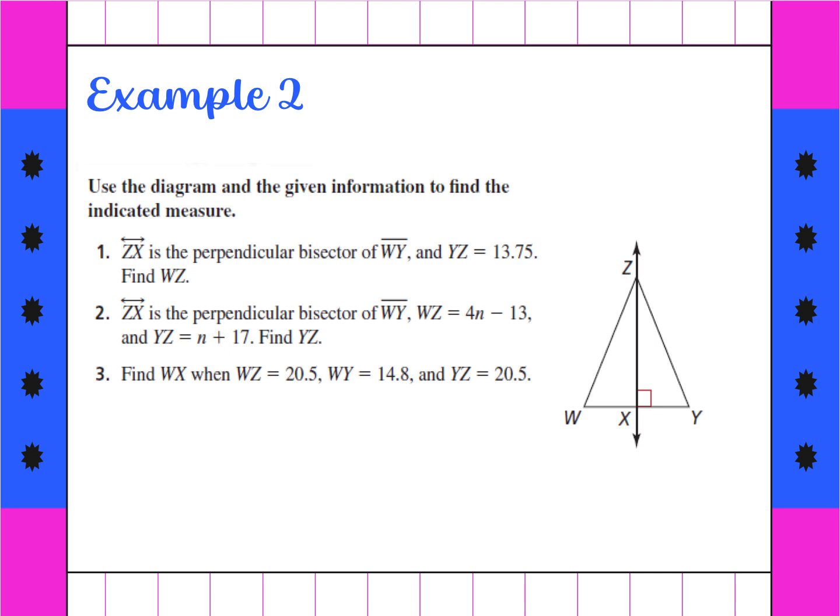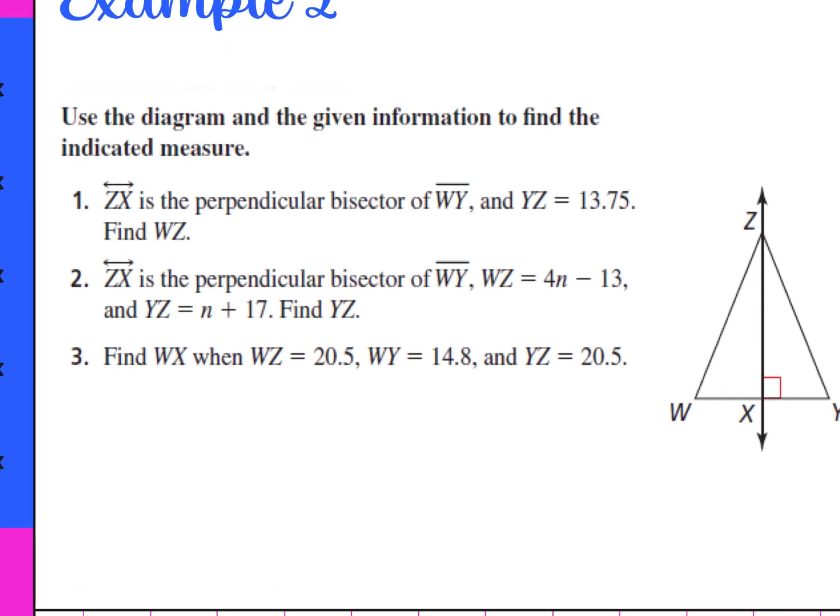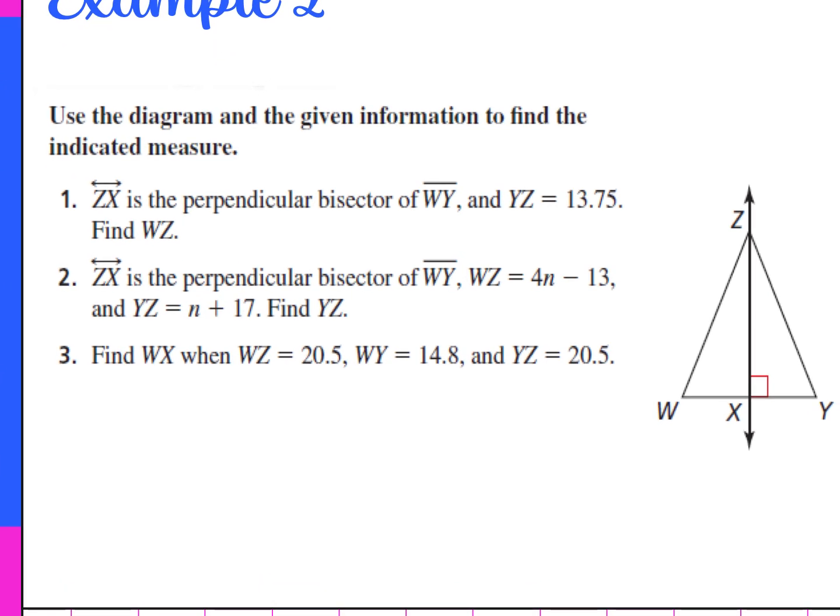All right, looking at example 2, it says use the diagram and given information to find the indicated measure. So, looking at what they're giving me, I'm going to do it in different colors because there are 3 questions. It says XZ, or ZX, line ZX, is the perpendicular bisector of WY.